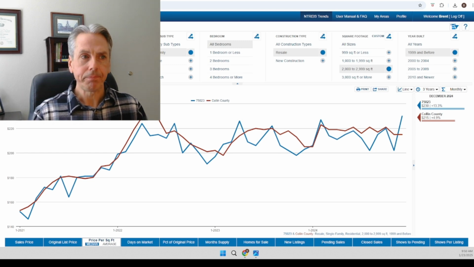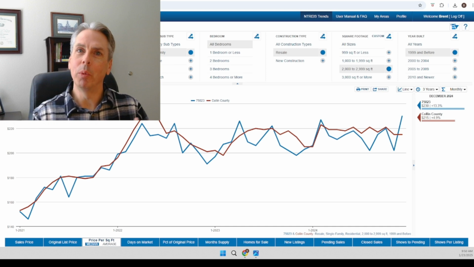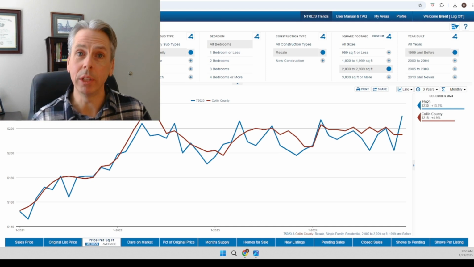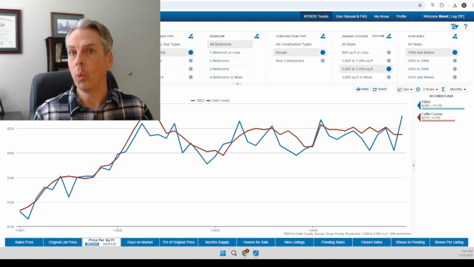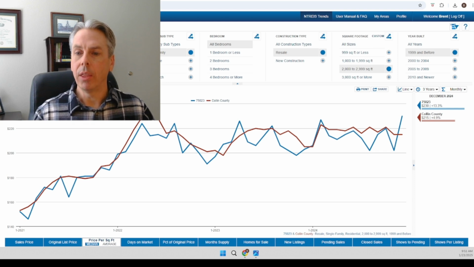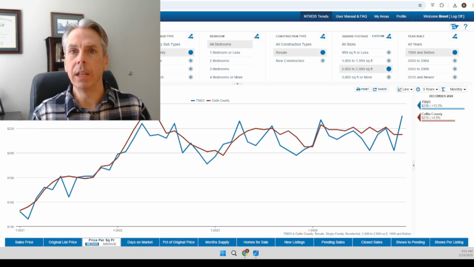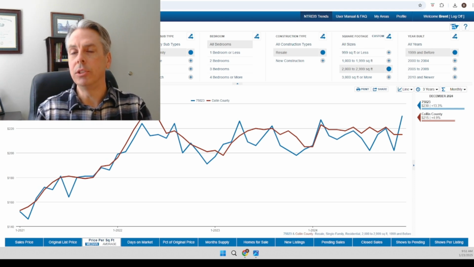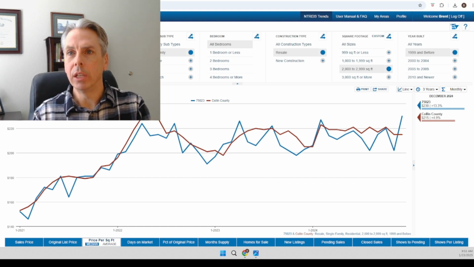And so remember that prices change for a reason. So why is the price changing? It's always going to come down to supply and demand. And tracking supply and demand is going to be a different data set than your comps.